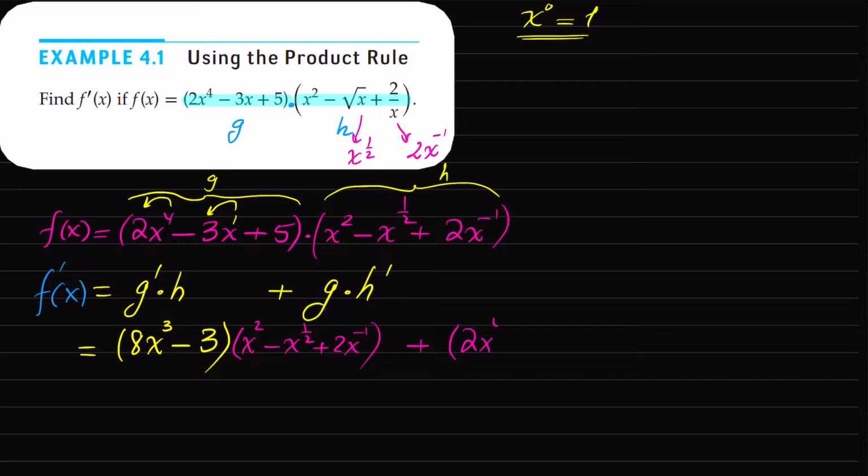So 2x^4 minus 3x plus 5, multiplied now by the derivative of h, h prime. They said multiplied by the derivative of the second one.